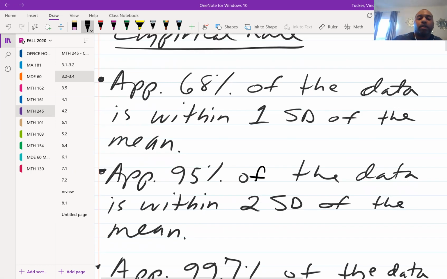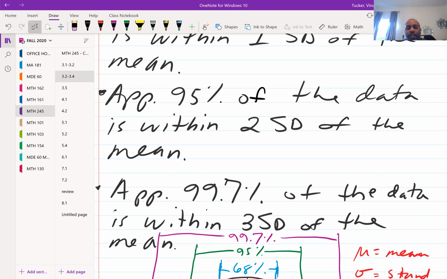Then our third statement, approximately 99.7% of the data is within 3 standard deviations of the mean.